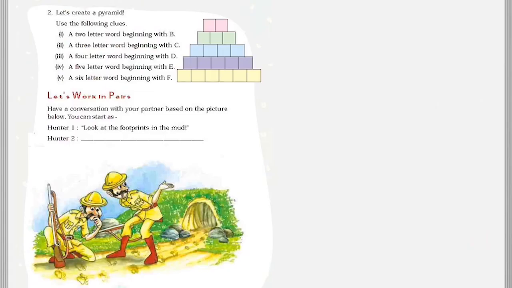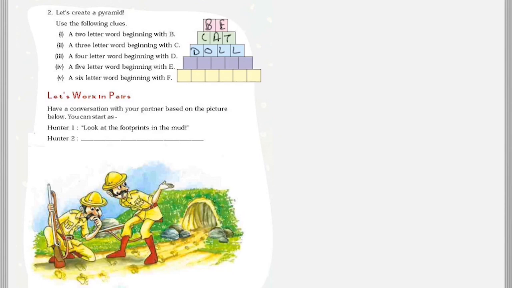The next is, let's create a pyramid. Use the following tools. What it says, a two-letter word beginning with B. So we can write B-E. Then a three-letter word beginning with C. We can write cat. And then a four-letter word beginning with D. We'll write doll.